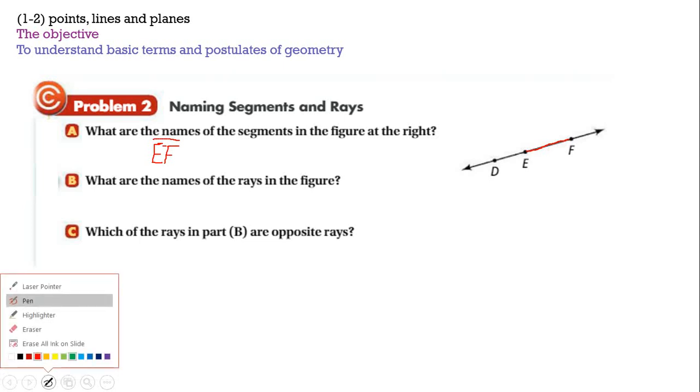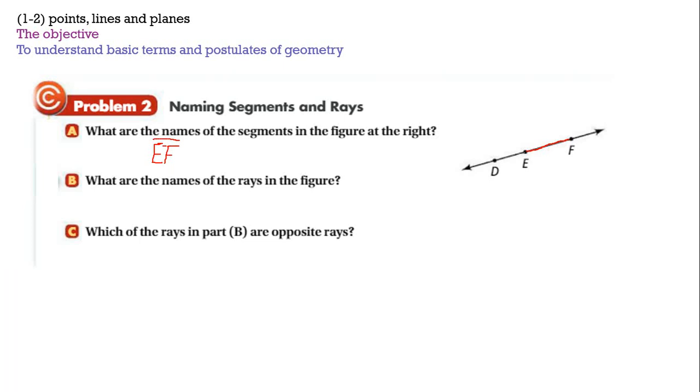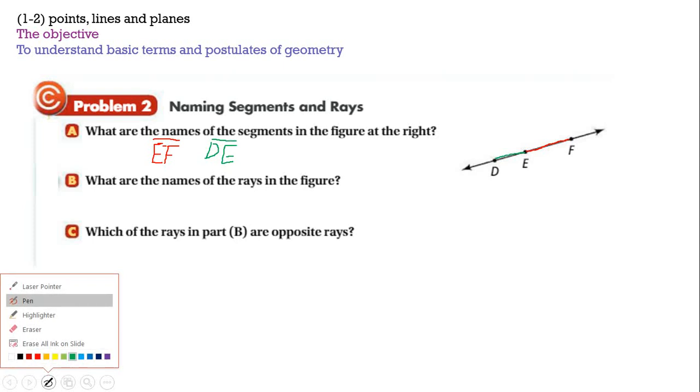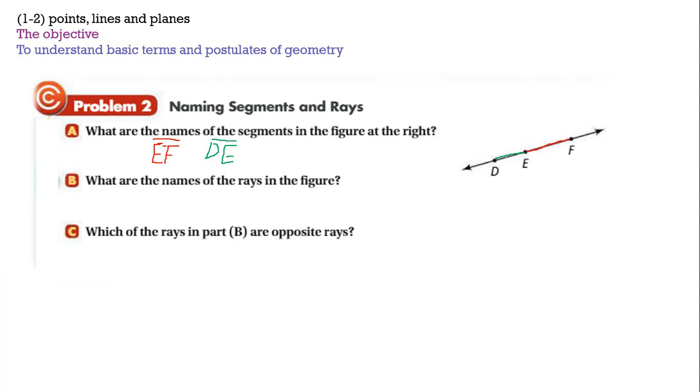There are no arrows. I also have this segment, DE, and on the top you will put a line like this. Finally, we have the last segment, DF. Again, you must put a line on it.